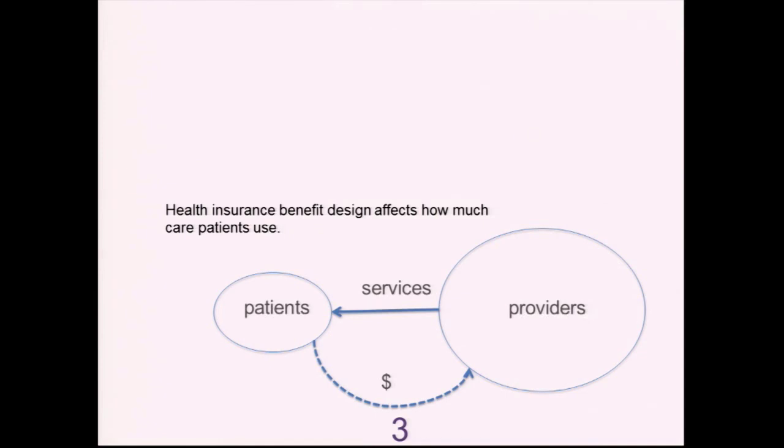But if you actually look at the long-term trend in out-of-pocket spending as a proportion of total spending, it has consistently declined over time, right? So in 1970, as a population, we paid about 35% of total healthcare spending out of pocket. In 2011, we paid about 11% of total healthcare spending out of pocket.